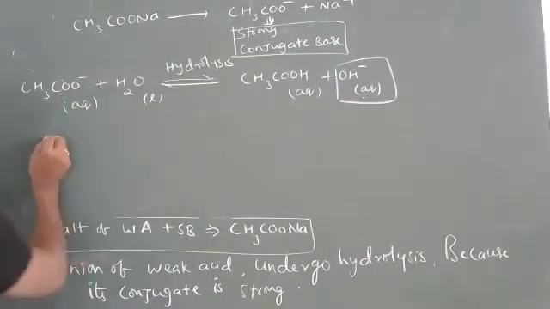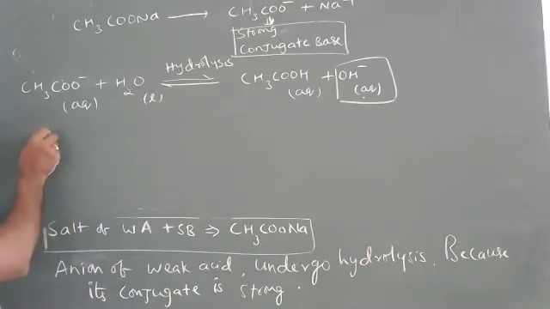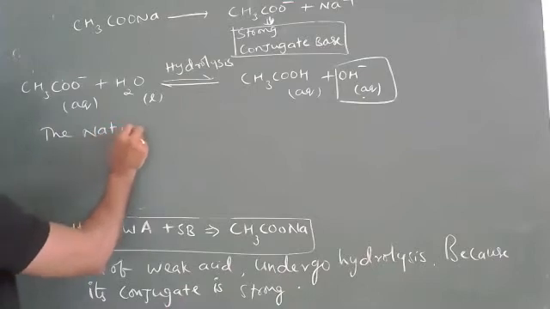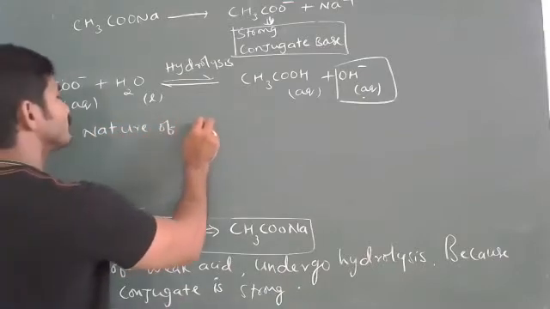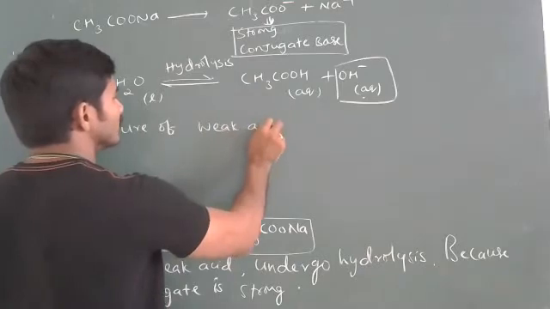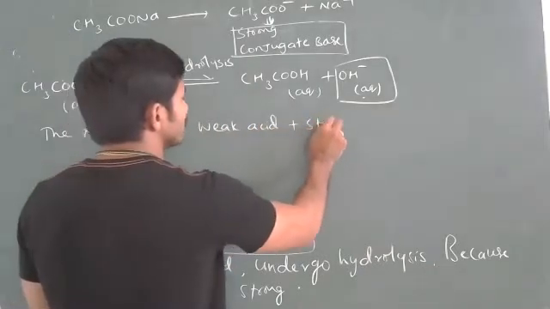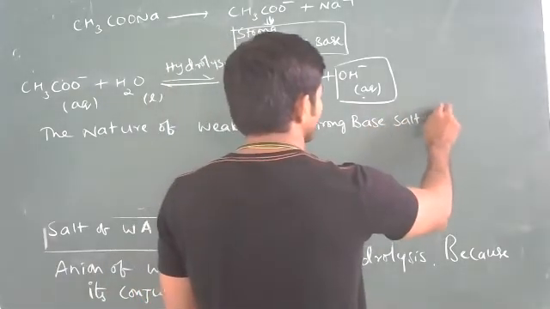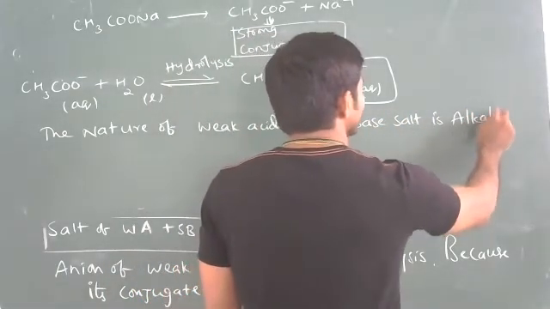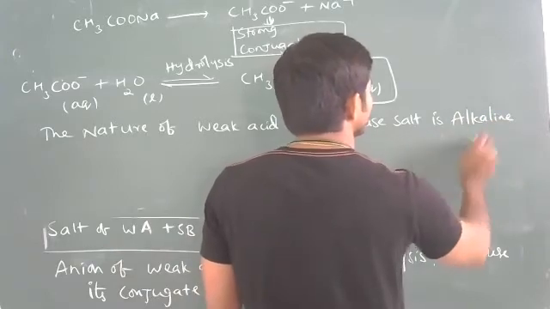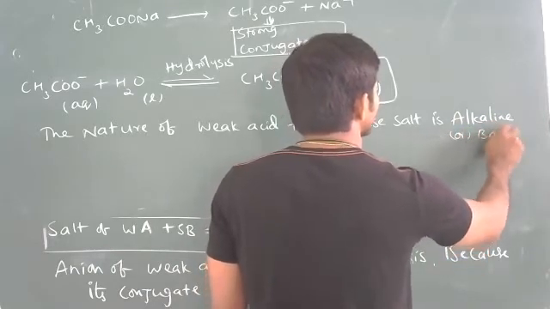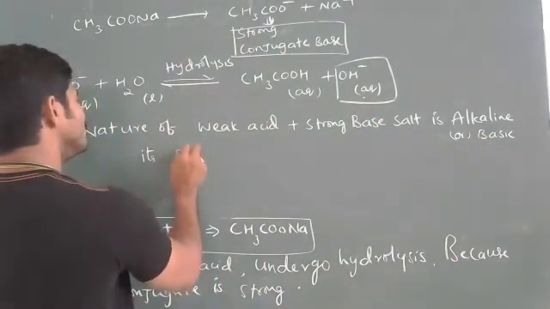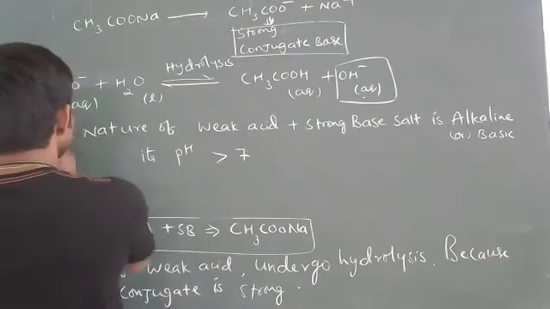I write it here: the nature of the salt of weak acid with strong base is alkaline or basic, and its pH, when basic, is greater than 7.